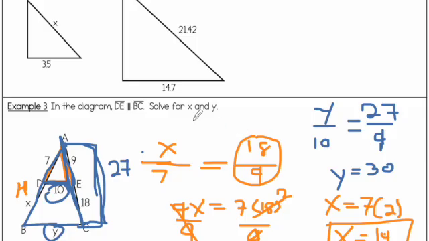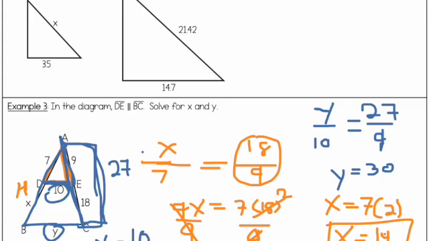Another way you could have set this up is y over 27 is the same as 10 over 9.